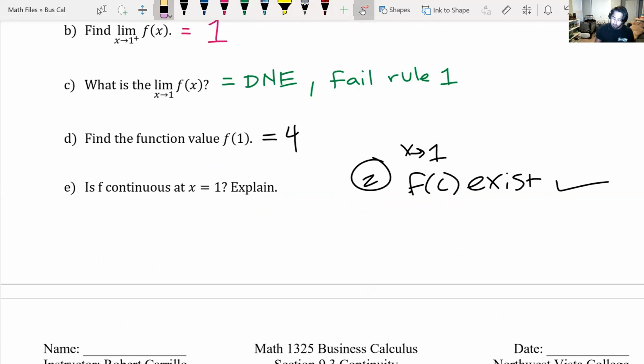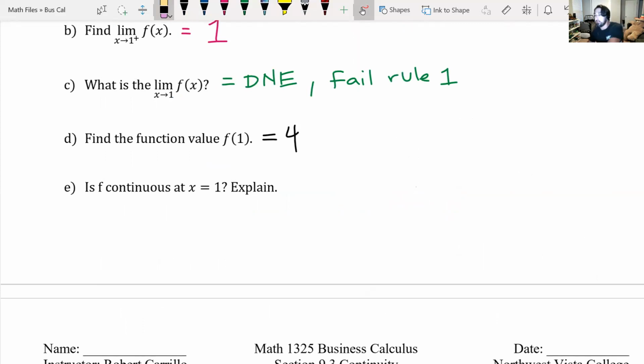All right. I guess I could have stated all that down there. Let's see. Is f continuous at x equals 1?